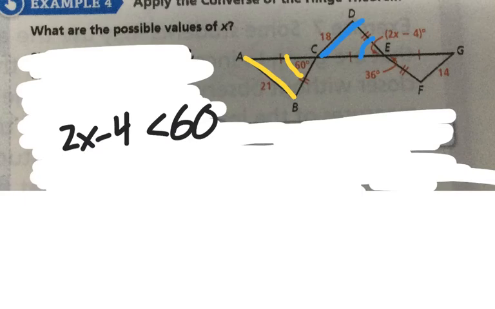The blue angle must be smaller than the yellow angle because the blue side is smaller than the yellow side. So we could say in math that angle DEC, 2x minus 4, must be smaller than 60.